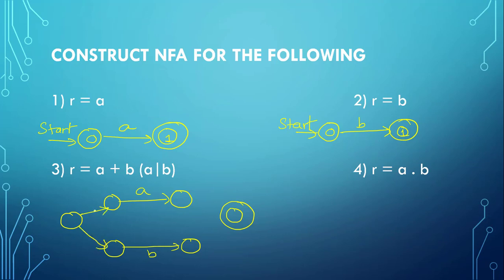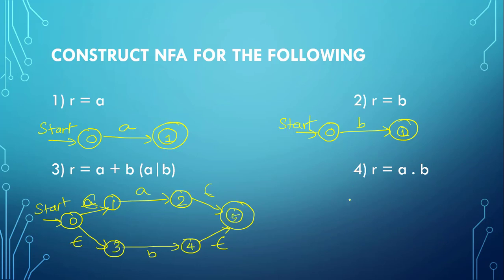We will connect A's and B's regular expressions over epsilon. And finally, we will start naming our states 0, 1, 2, 3, 4 and 5.